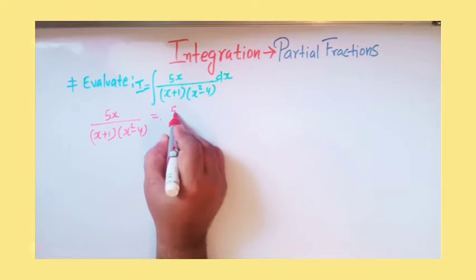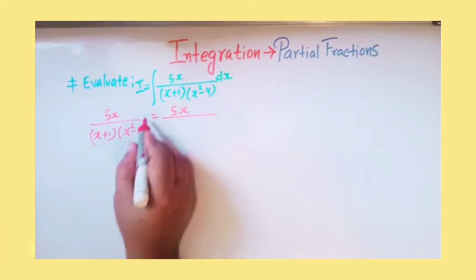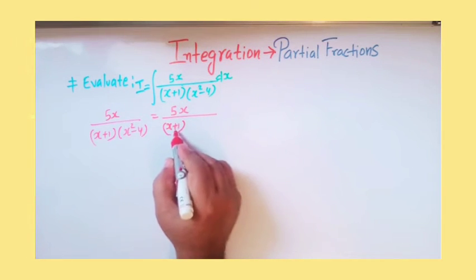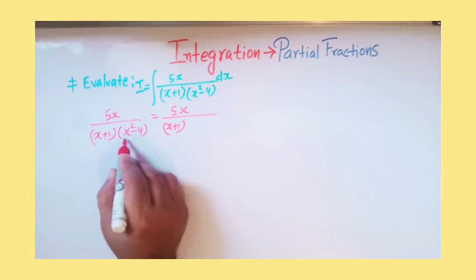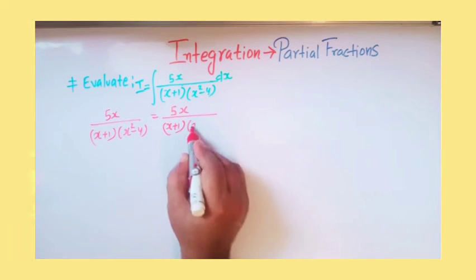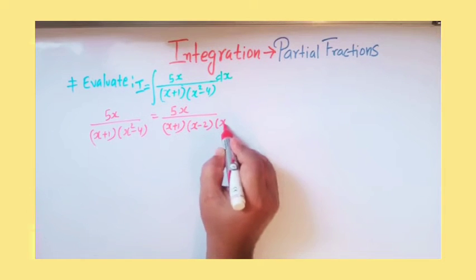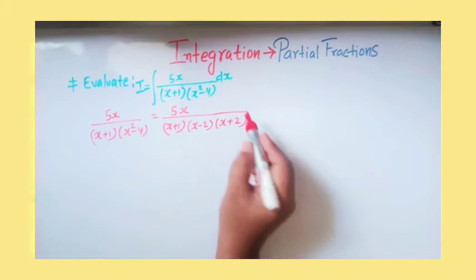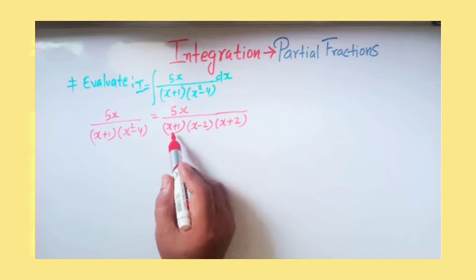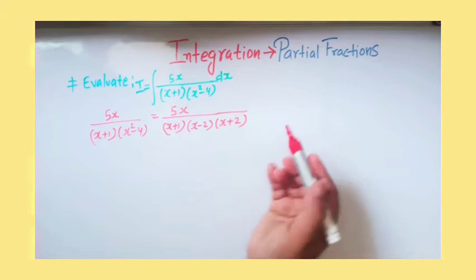Now see, this function can be written as 5x divided by x plus 1, and this can be factorized into two linear factors. So this is (x minus 2)(x plus 2). Clear? Now here we have three linear factors in the denominator.